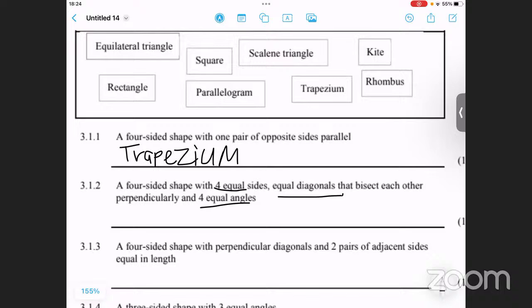A four-sided shape with four equal sides and four equal angles. Which one is it? Is it a rectangle? Is it a kite? Maybe.